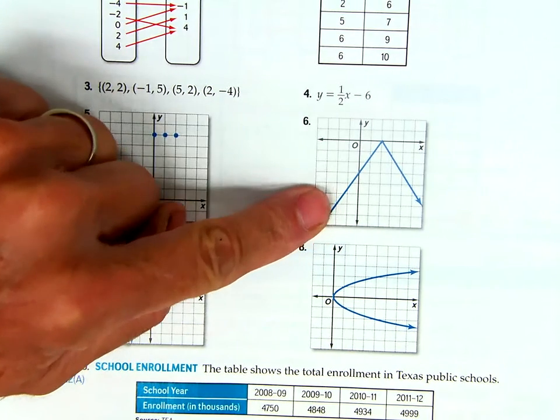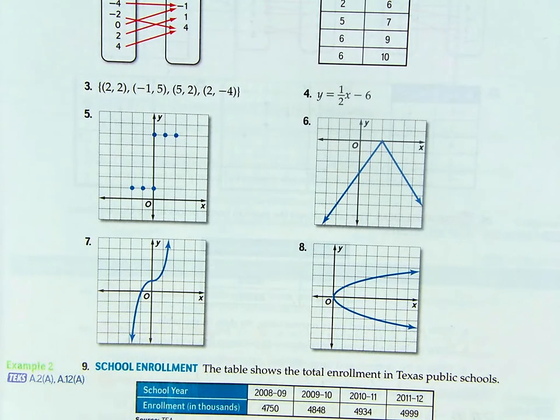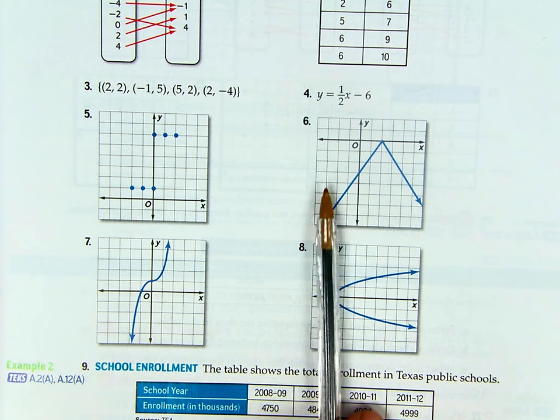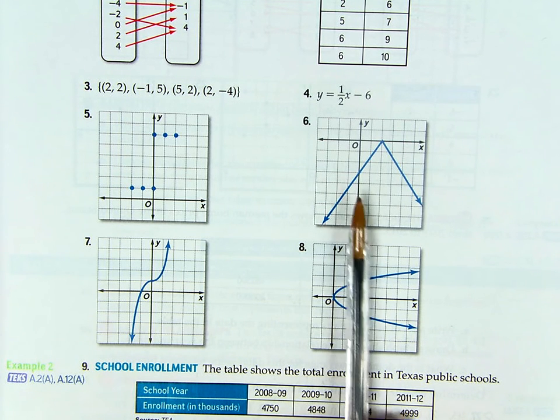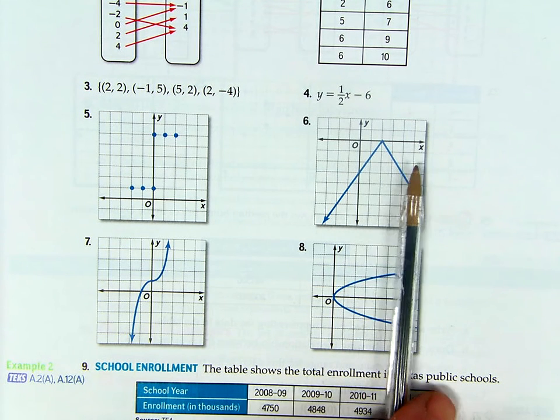Alright, number 6. It's a continuous graph, but is it a function? Number 6. Okay, yes. How do you know? Passes the vertical line test. No matter where you draw a vertical line, it's going to touch only 1 time for each vertical line.